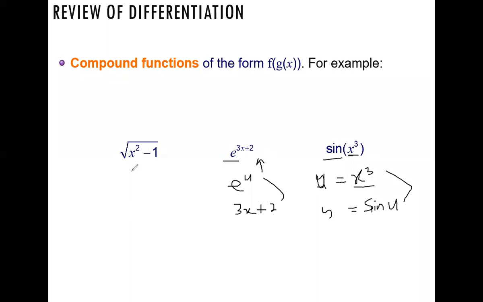The same way, here we have the function square root of u, and then u is equal to x squared minus 1. So all these compound functions are a combination of what?